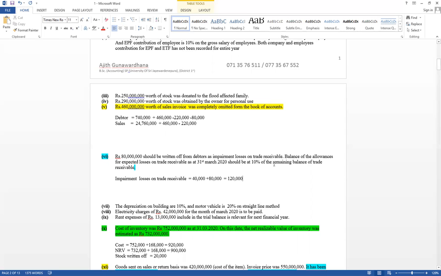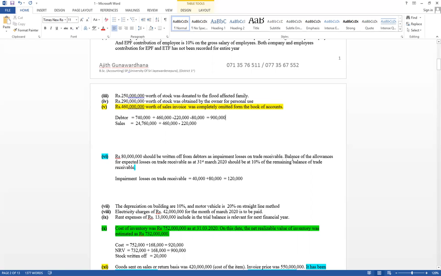should be 10% of the remaining balance of trade receivable. Then the remaining balance of trade receivable, think about debtor closing balance: 740 plus 460 minus 220 minus 80. Therefore, the correct trade receivable amount equals 900,000.